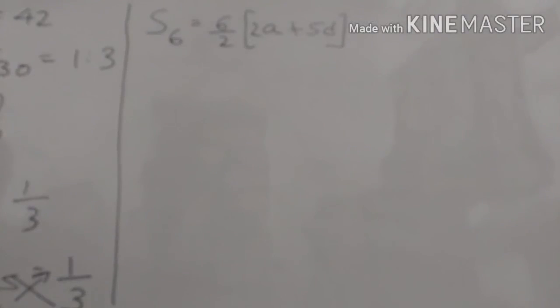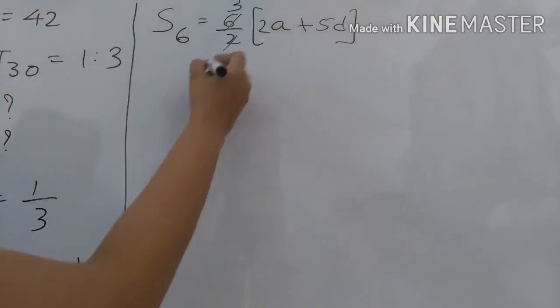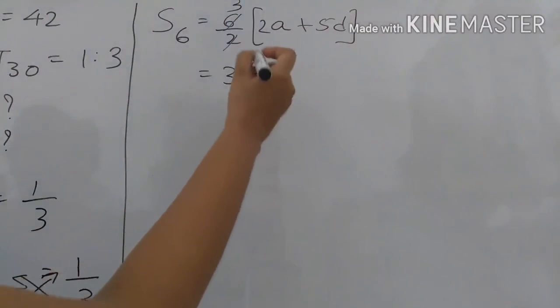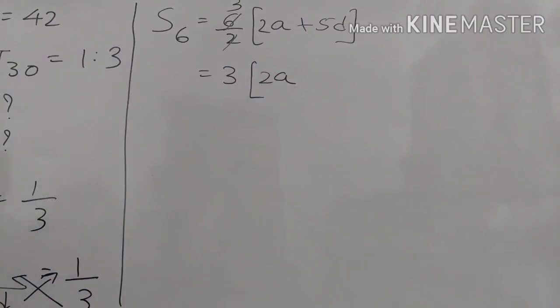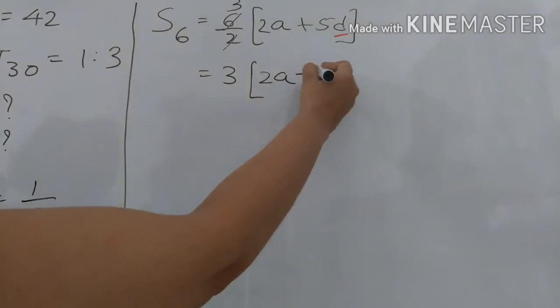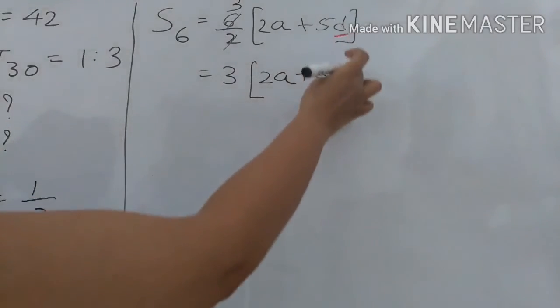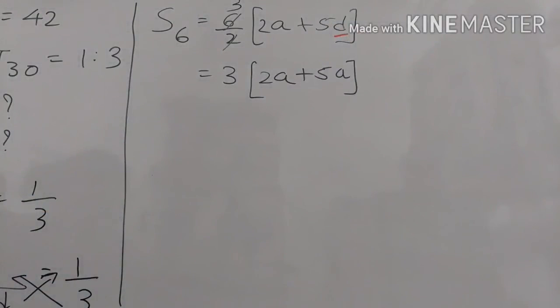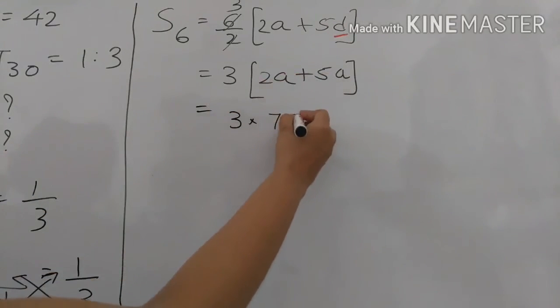Now using S6 formula here, we can cancel this as 3 twos are, this is 3 and 2A, and also instead of this D I can put A. Why? Because previously only we have solved that D is equal to A. So I have substituted instead of D here A value, so that I get 5 plus 2, 7A.